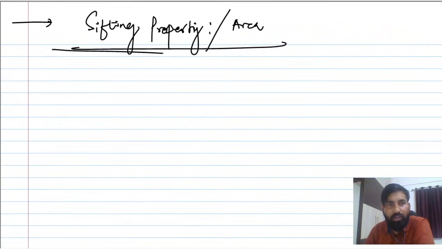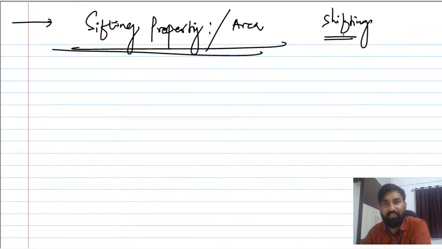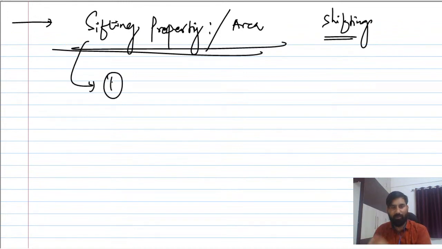You have to focus on the spelling here: shifting and sifting are different. So the shifting property we are going to use now. In the shifting property, the first property is the product property, you can say. First of all, you need to multiply x of t times delta t. Now you are integrating from a to b dt.